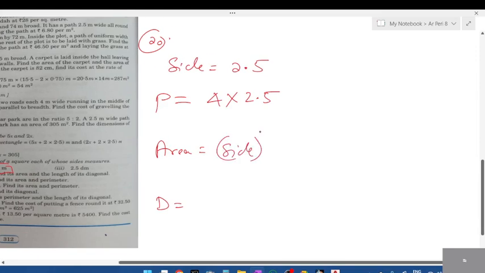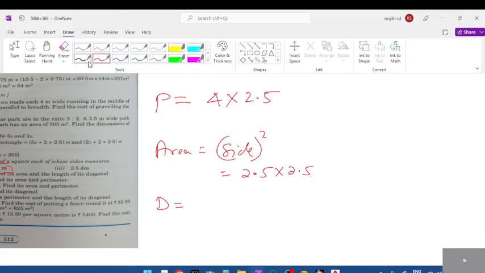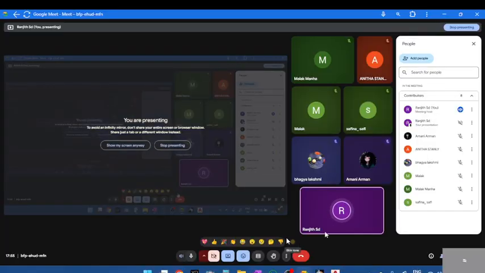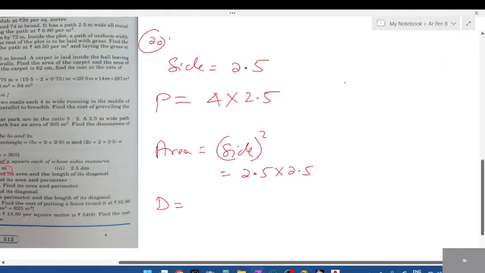Who has doubt? Malak? Tell me, Malak. Decimeter. Centimeter, meter, DM stands for decimeter.